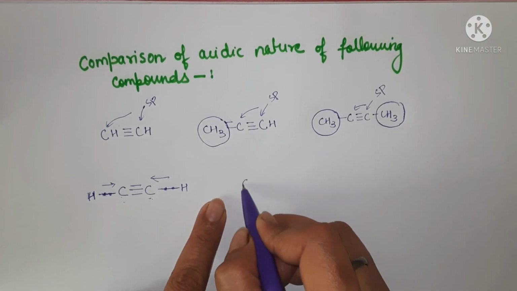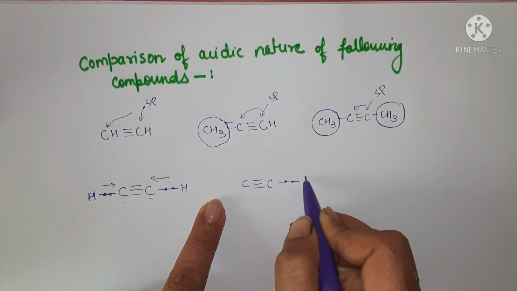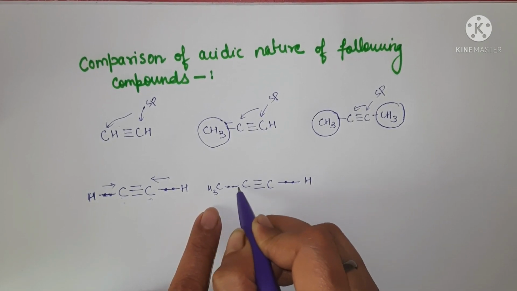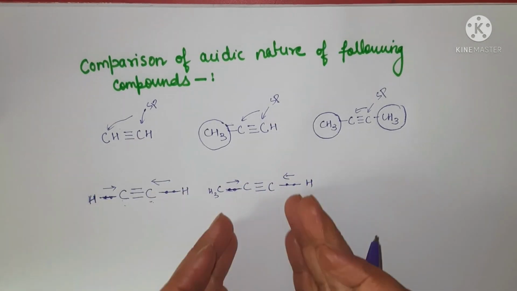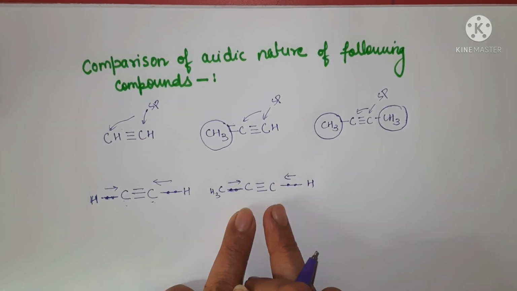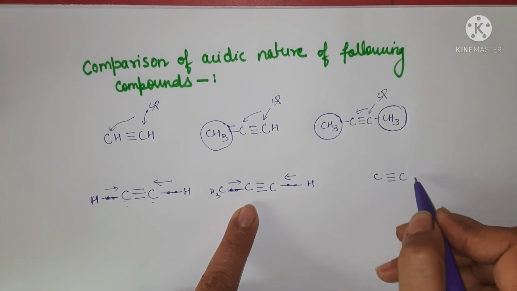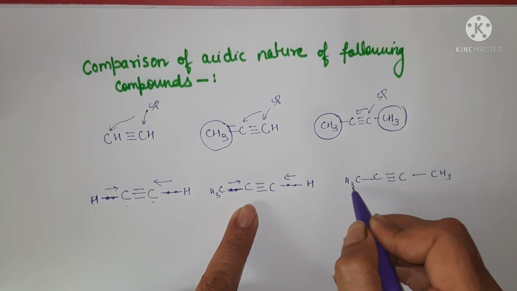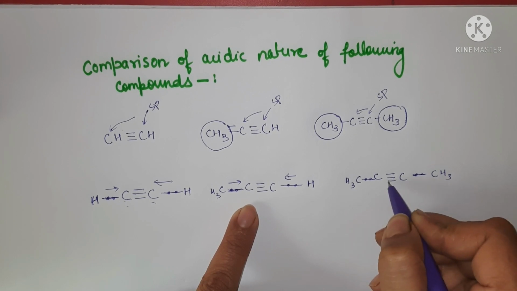The same will happen here: the electrons involved in the formation of these bonds will be attracted toward the triple bond because the carbon here is sp hybridized.